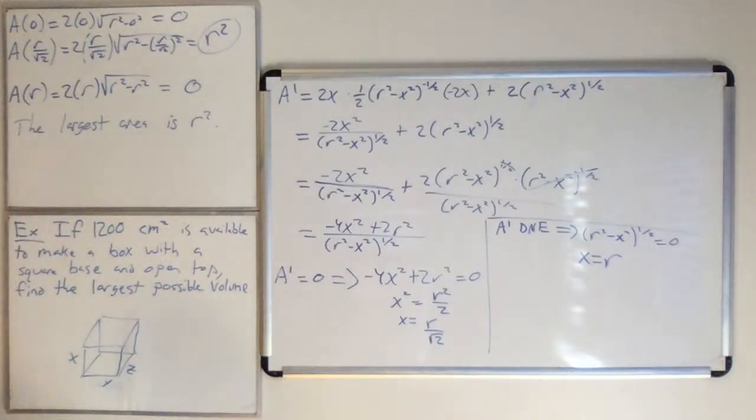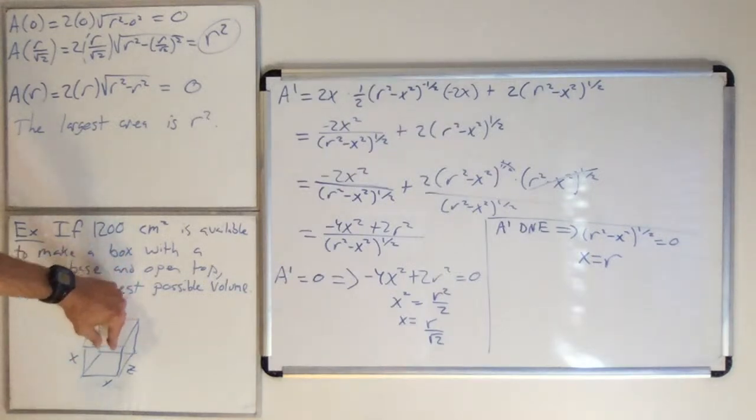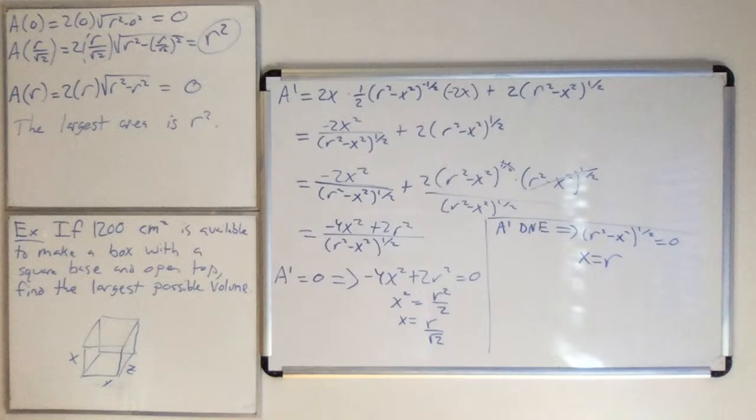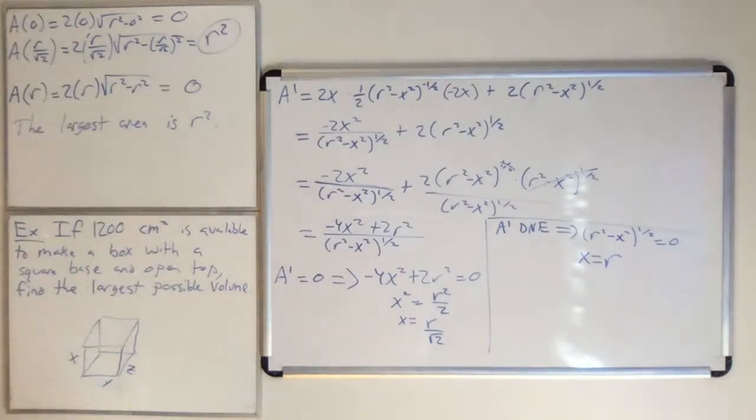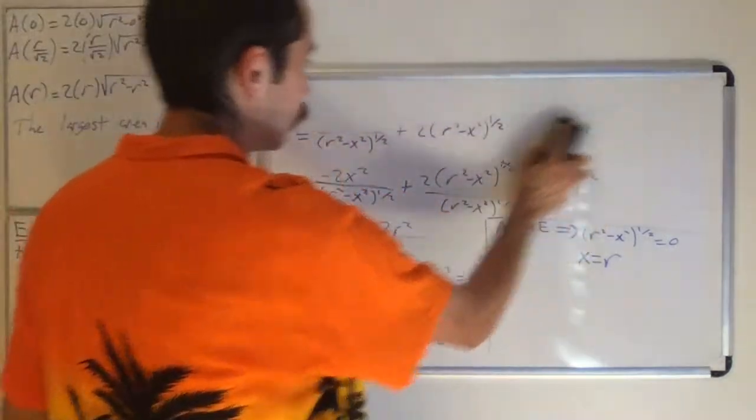Yeah, better. Okay. The top is open. Okay, so my question for you is what are we trying to optimize and what are the constraints?